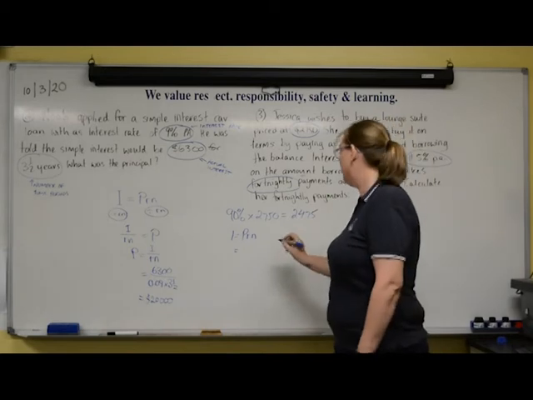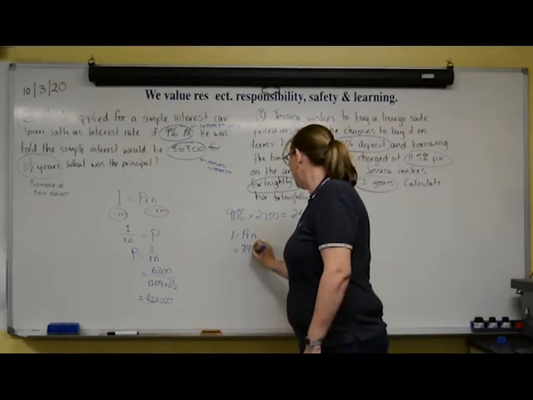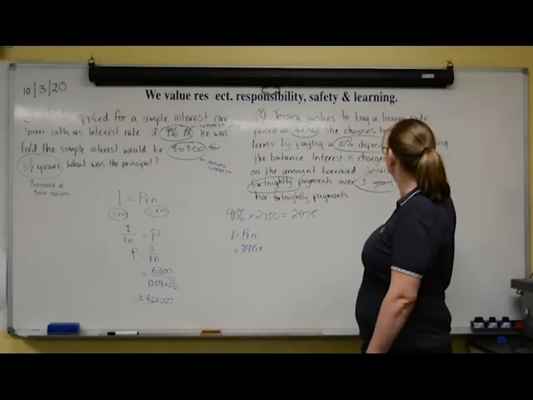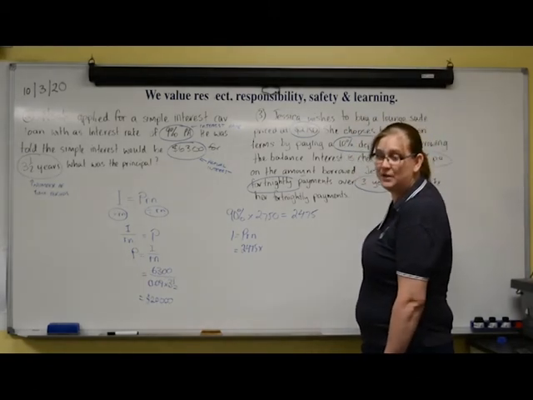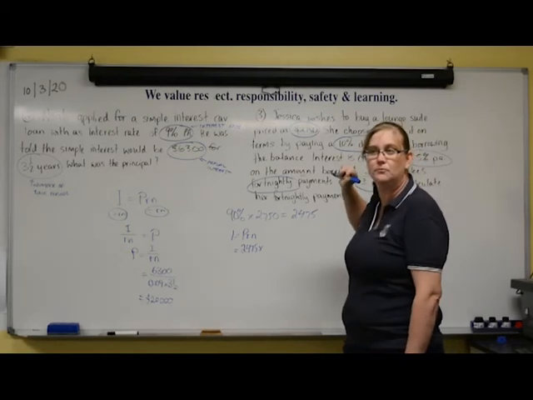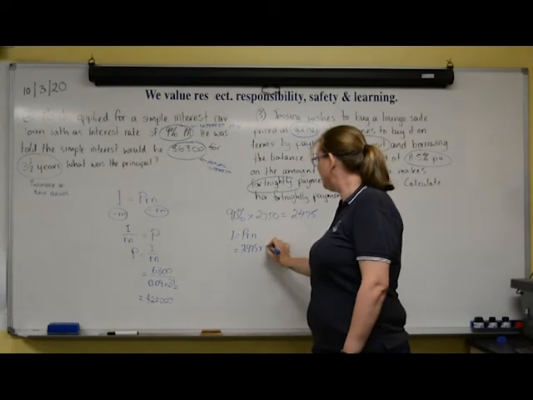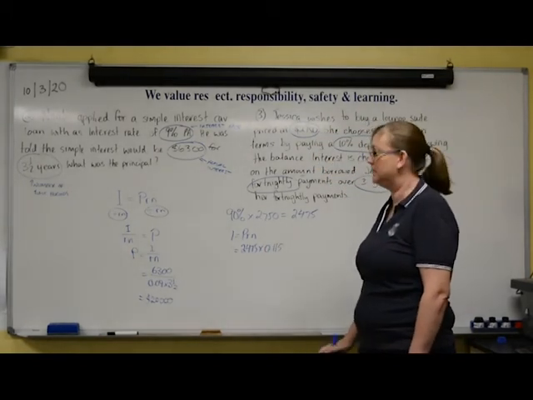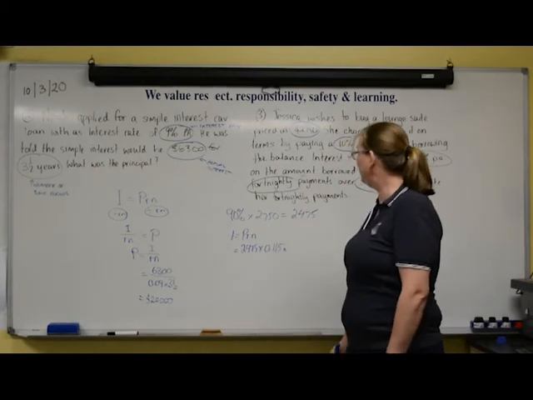So 2,475 times our interest rate. What was our interest rate? It's 11.5%. What's 11.5% as a decimal? 0.115, times that by the number of time periods.